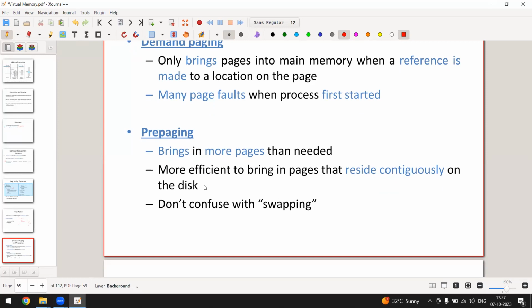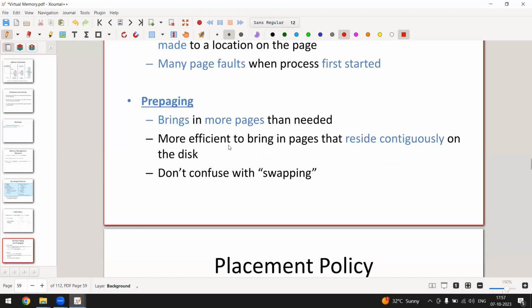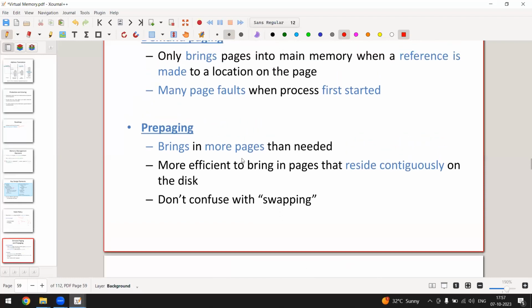Basically, it is more efficient to bring in the pages that reside contiguously on the disk, right? So whichever pages are residing contiguously on the disk, you bring in case of pre-paging.